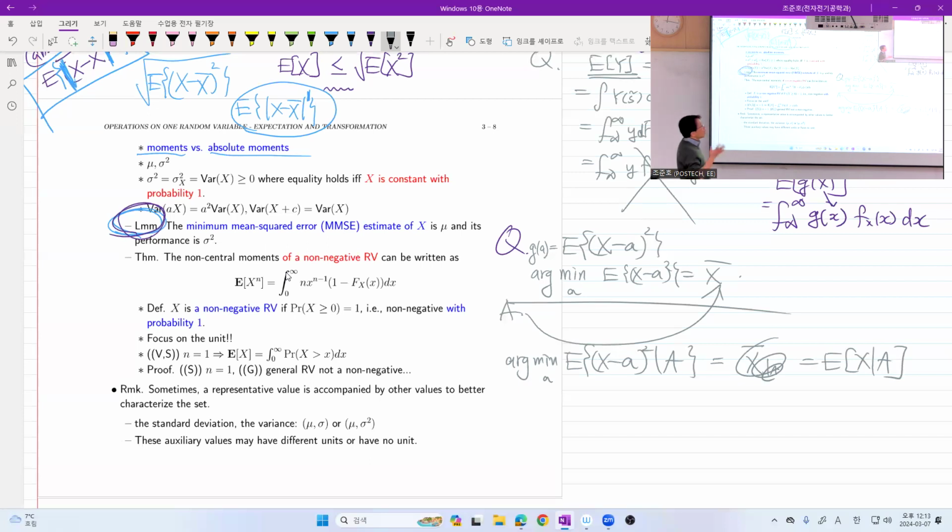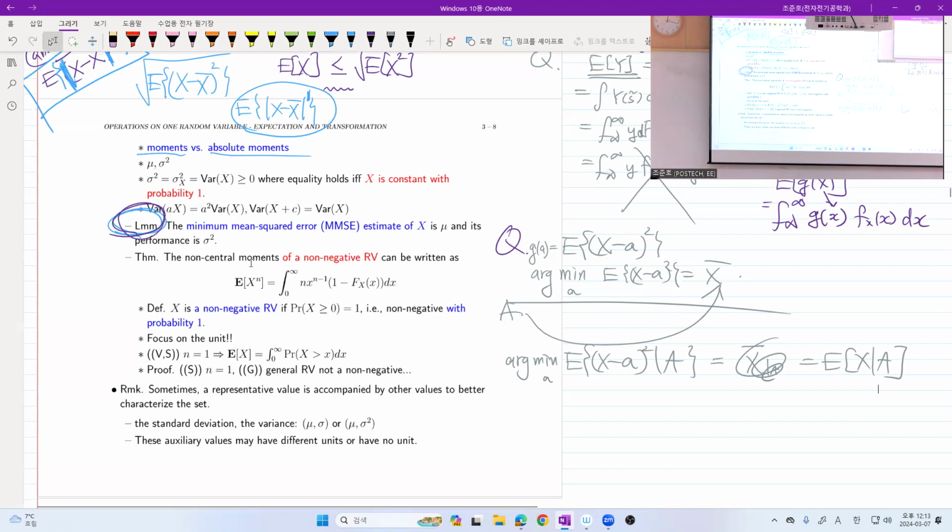So conditional expectation is the MMSE estimate of your random variable. This is one of the key results you will be taught in estimation and detection theory. Got it?